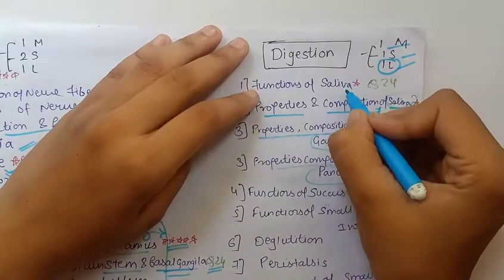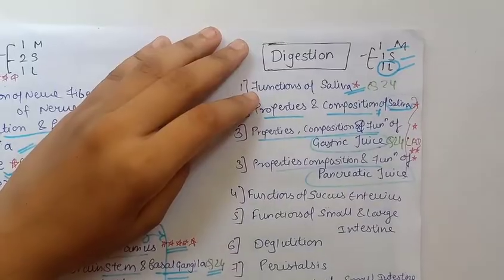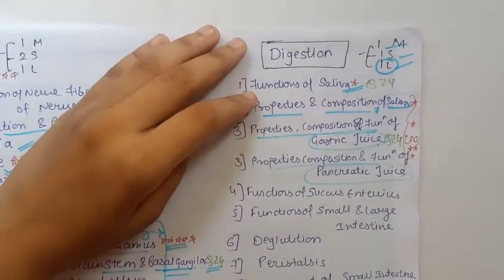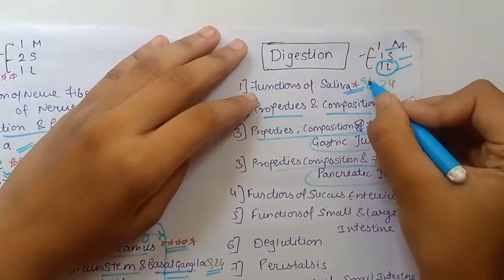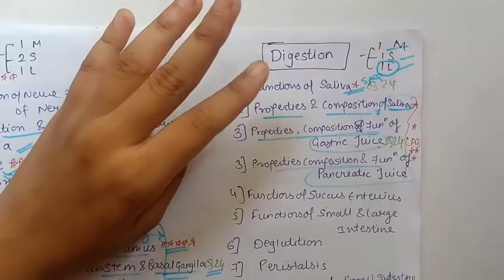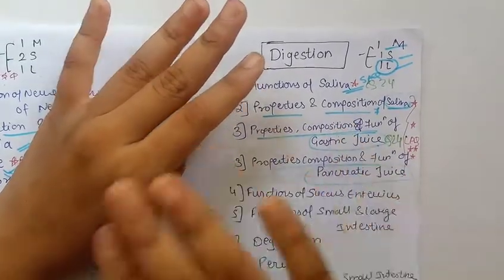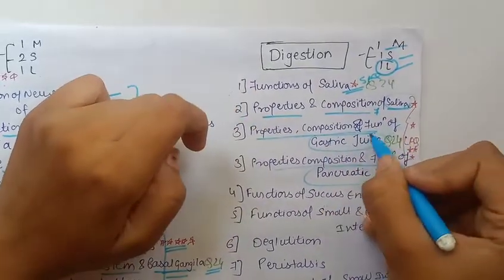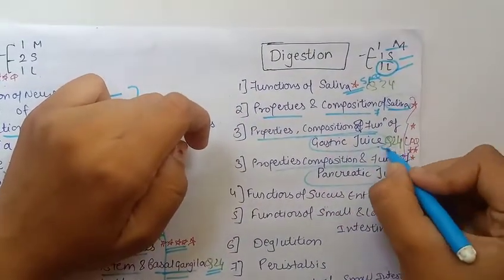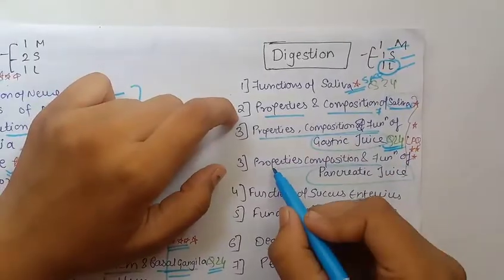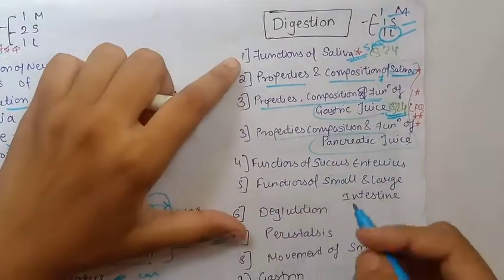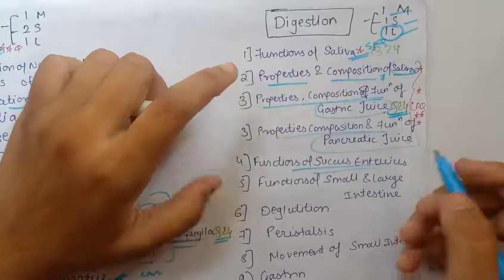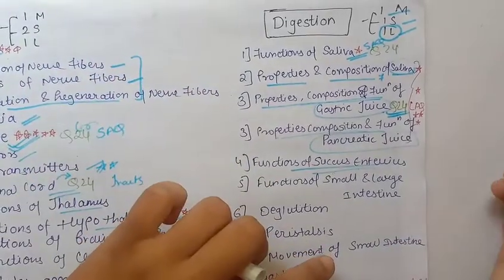So be prepared with the function of saliva. They can ask function of saliva for 5 marks, or they can ask for 10 marks. One is compulsorily fixed from these three questions only: properties, composition, and function of saliva, properties, composition, and function of gastric juice, which came in paper 2024, and properties, composition, and function of pancreatic juice. Then function of succus entericus is important.